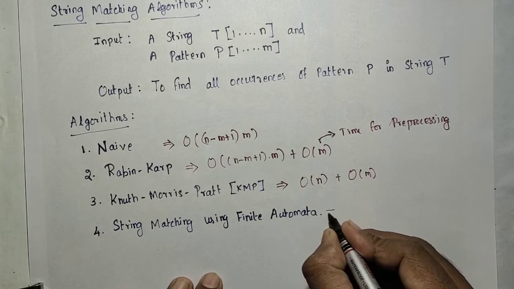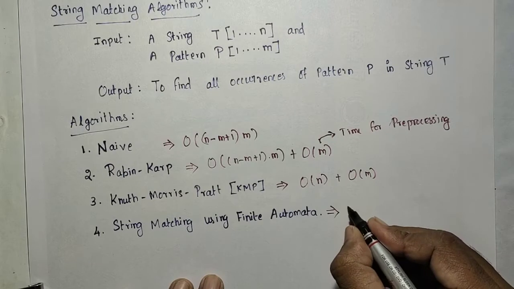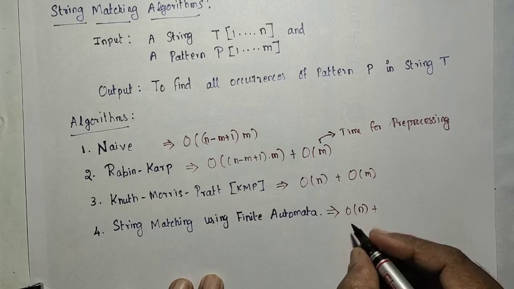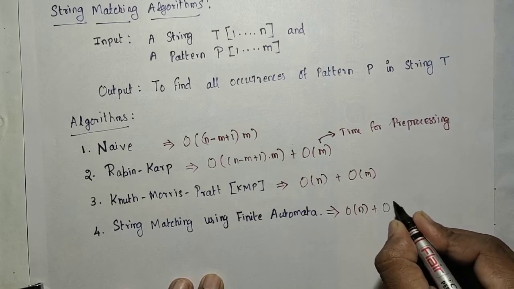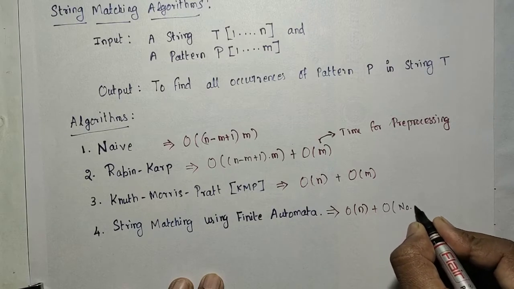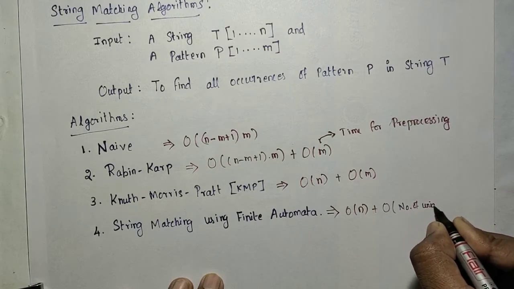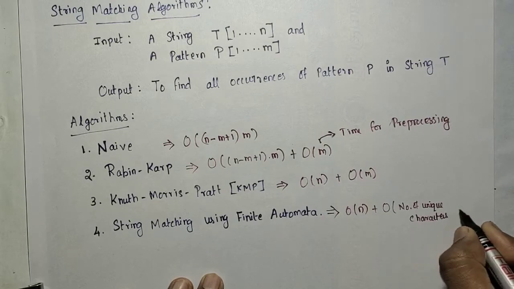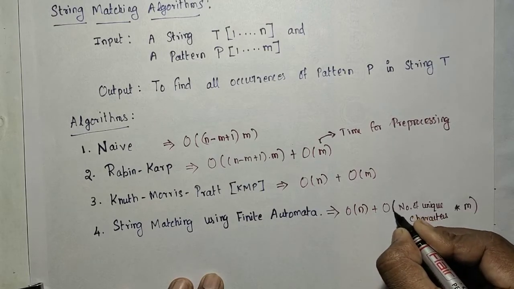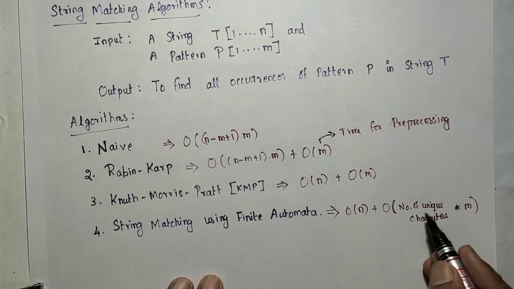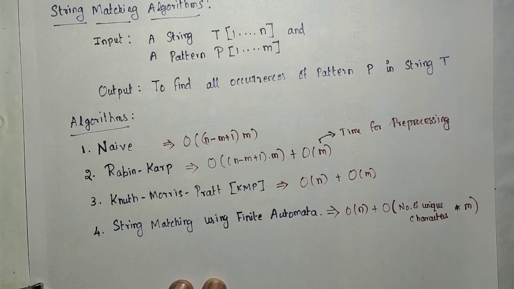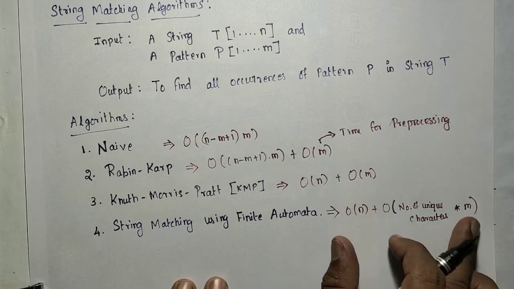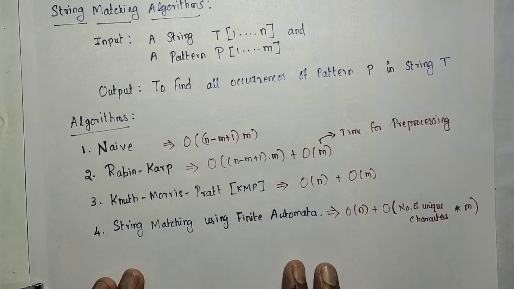But the complexity is O of n plus O of the number of unique characters into m. The number of unique characters will be represented by a symbol that we will discuss. So O of n plus O of the number of unique characters into m is the complexity for string matching using finite automata.